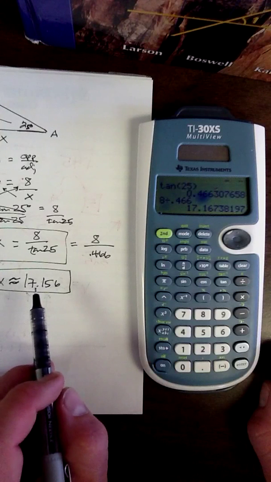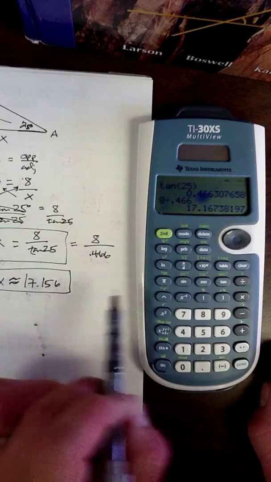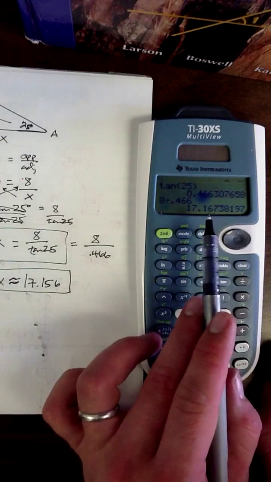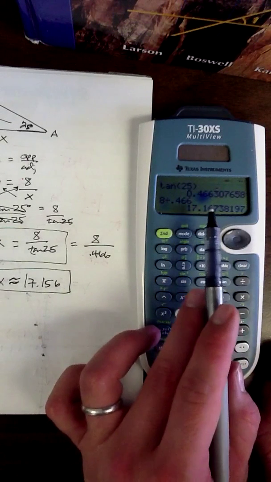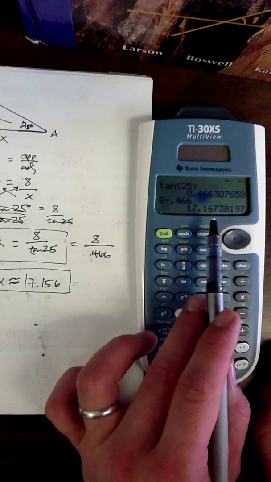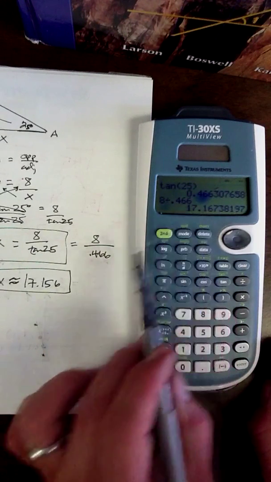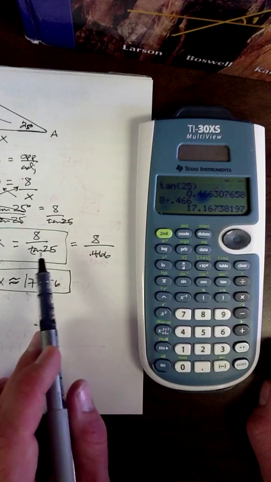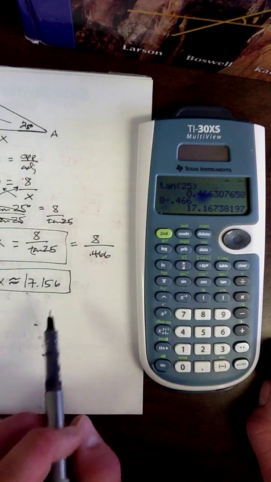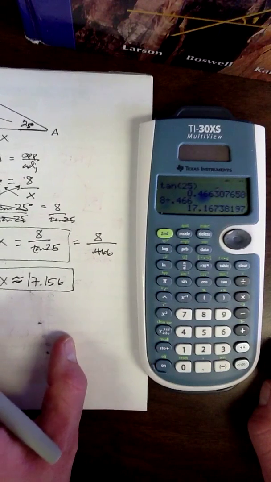I have 17.156, and the calculator here is showing 17.16 or 167. So as soon as we rounded this number off when we divided, we're already getting a little bit different number than we would have gotten if we plugged in tangent 25 into our calculator and divided directly from there.